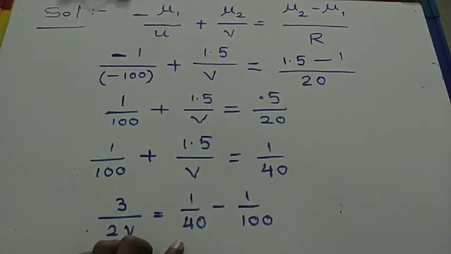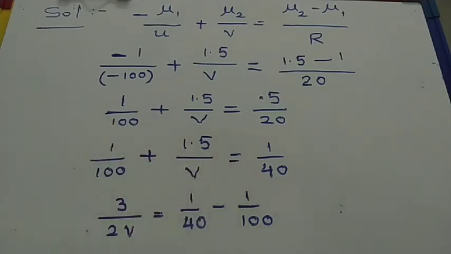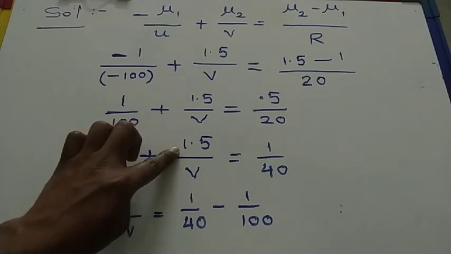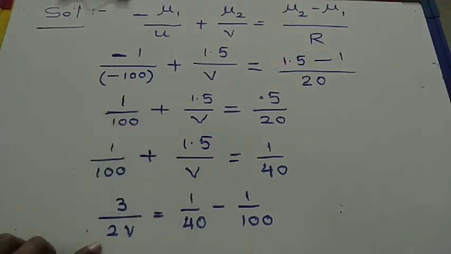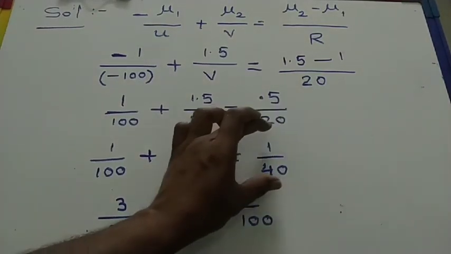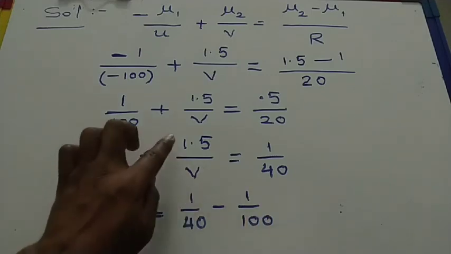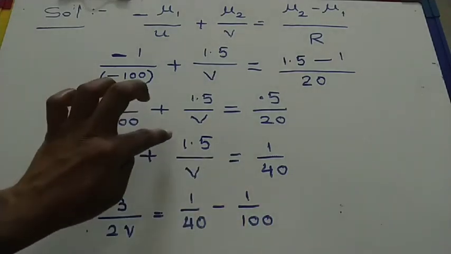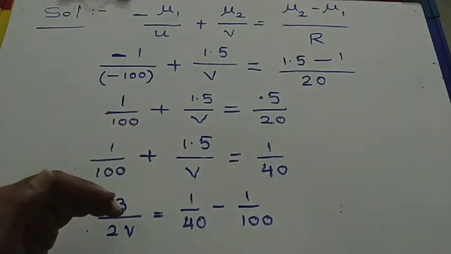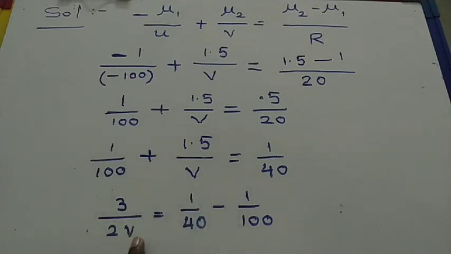Therefore 1 by 40 minus 1 by 100. Here 1.5 I wrote as 3 by 2. V as it is I wrote as V. Once again I am repeating, this 100 I took towards the right side. Therefore 1 by 40 minus 1 by 100, and 1.5 I wrote as 3 by 2 because 3 by 2 gives 1.5. Therefore 3 by 2. V I wrote as V.